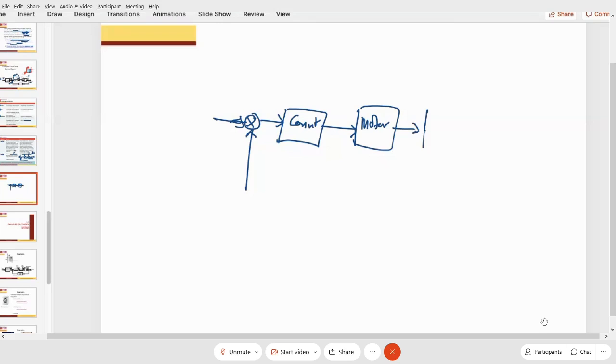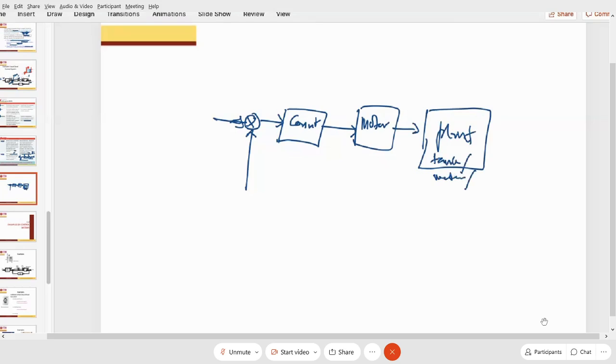And what we call the plant here is actually the process. That one includes your tank, the water inside the tank, all the material.